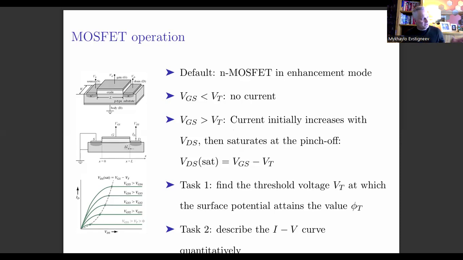So let's say the drain voltage is low. I apply the voltage to the gate. The gate voltage is higher than the threshold voltage. The threshold voltage is such that the value of the surface potential underneath the oxide layer is the threshold potential, twice the difference between the intrinsic and the actual Fermi energy divided by the elementary charge.